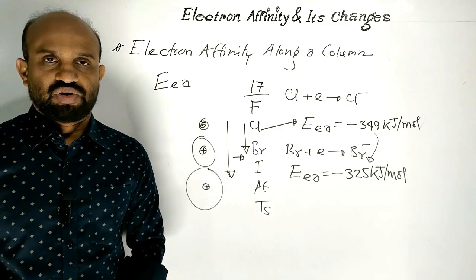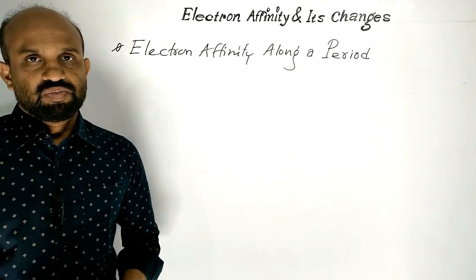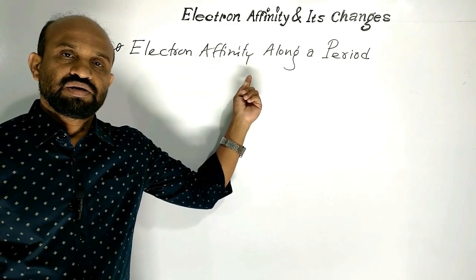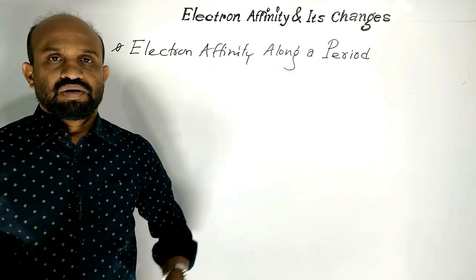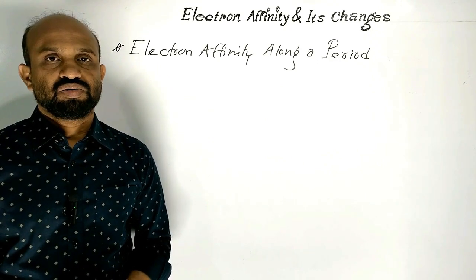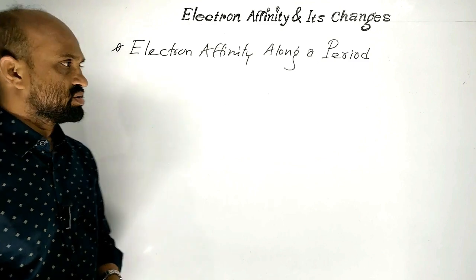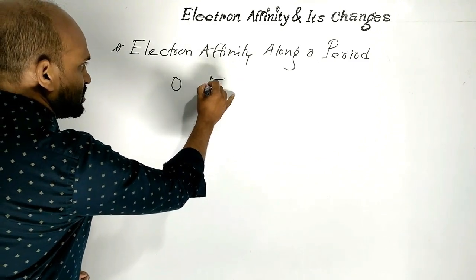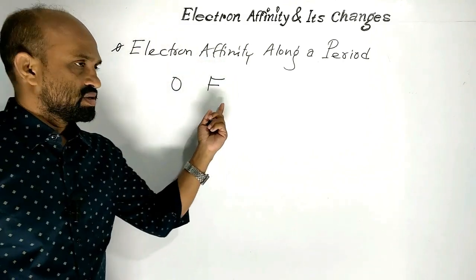Let's move on to the next point. Now the point is electron affinity change along a period. Let us consider two elements that belong to one period, that is oxygen and then fluorine.